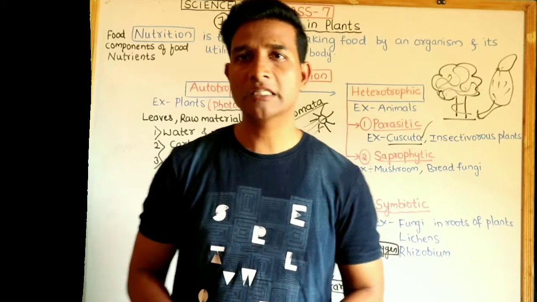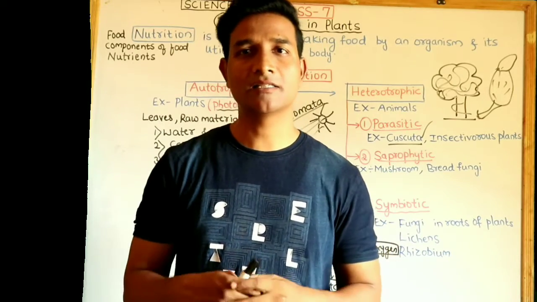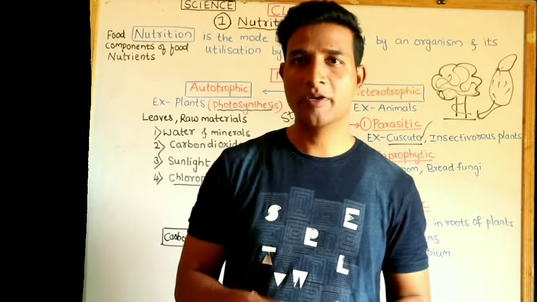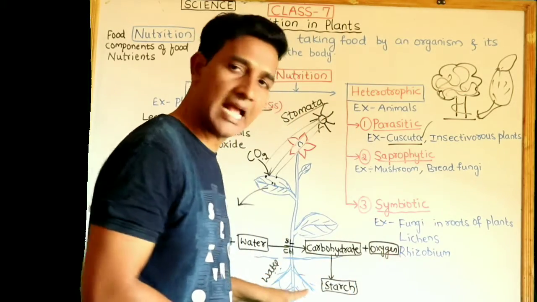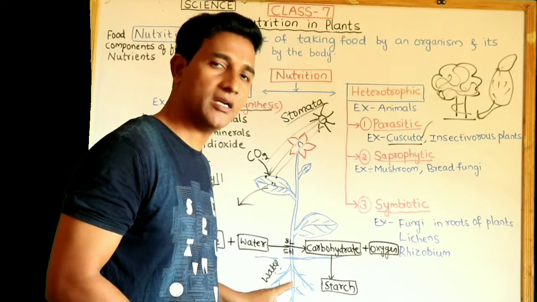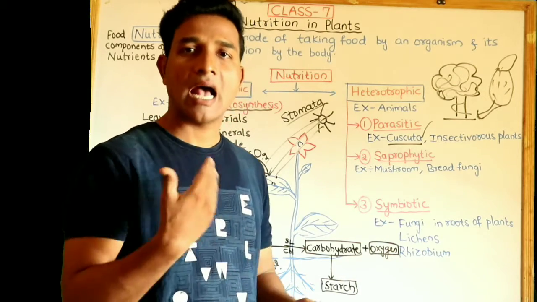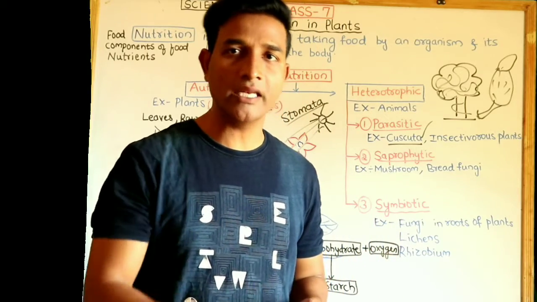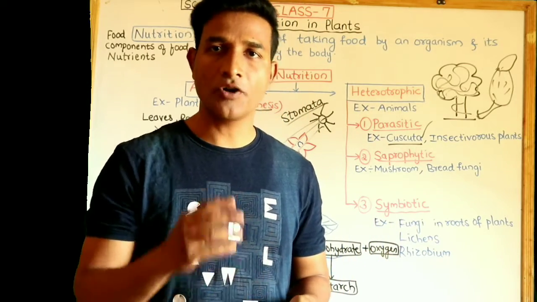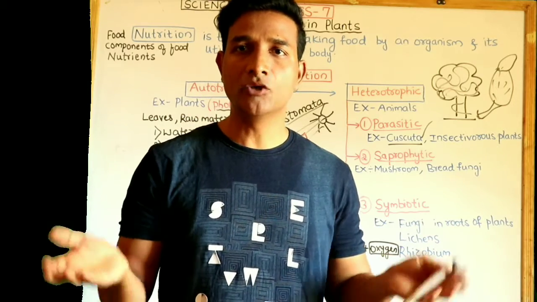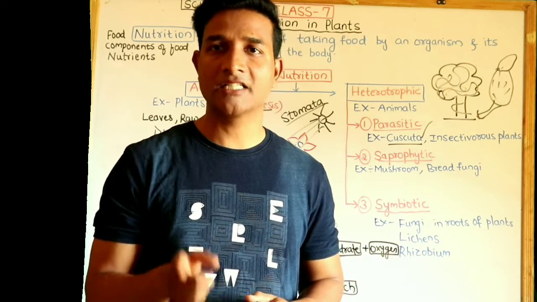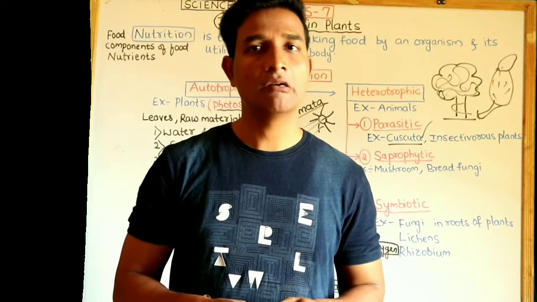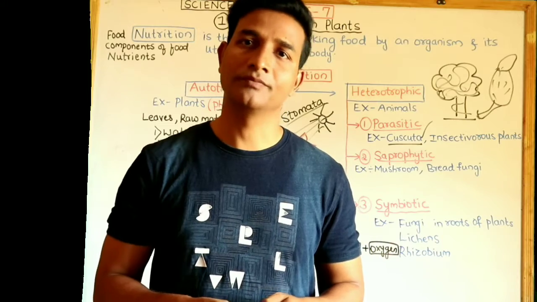Have you seen farmers spreading fertilizers and manures in the fields? Yes, this is because plants absorb minerals from the soil. As they absorb and grow, the nutrition in the soil declines. So we have to add nutrients. The farmer adds fertilizers and manures which are very rich in nitrogen, phosphorus, potassium.